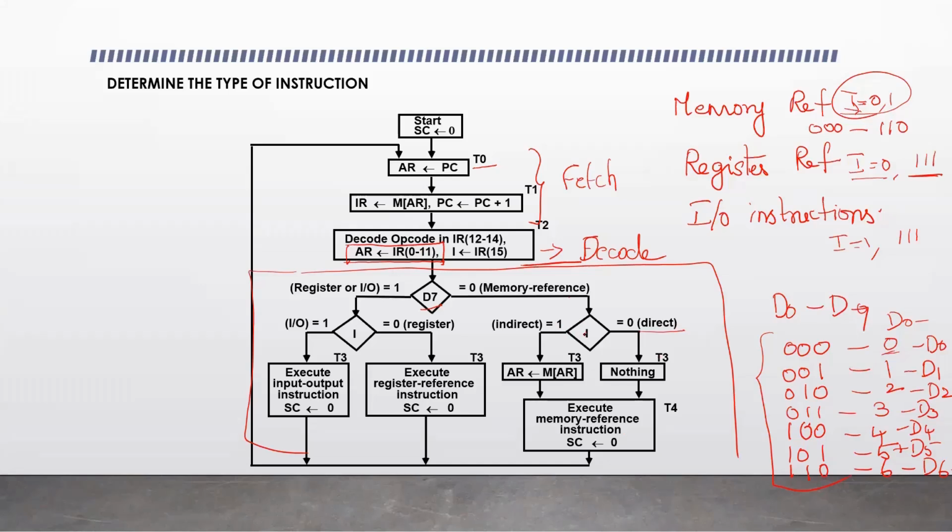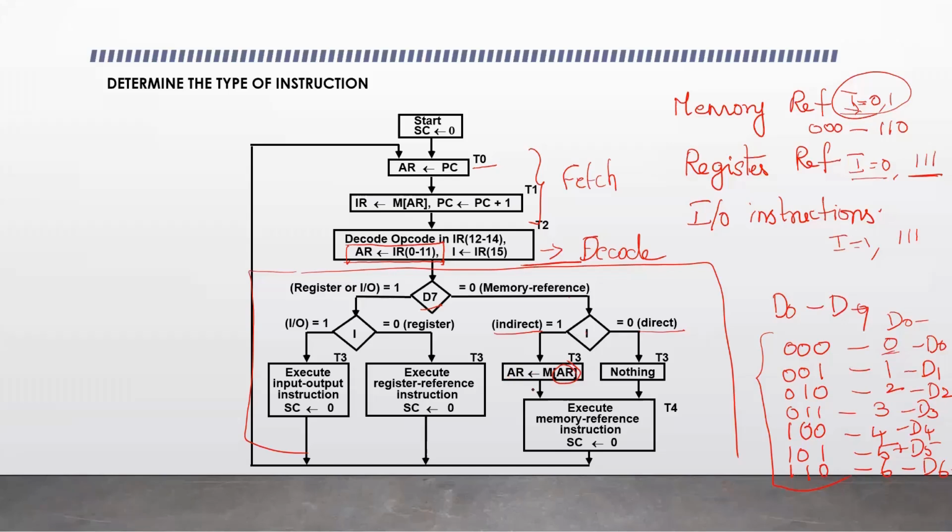And when I is 1 for a memory reference instruction, that means the address used is indirect. What we need to do is find the effective address from the given address. The address stored in AR now is not the effective address, so we need to get the effective address. The effective address is stored in memory, so we move that to AR.